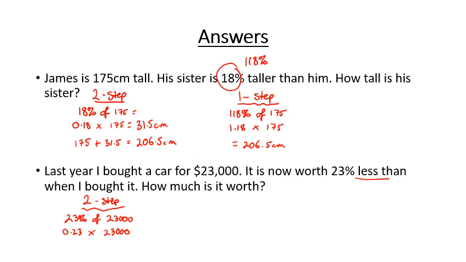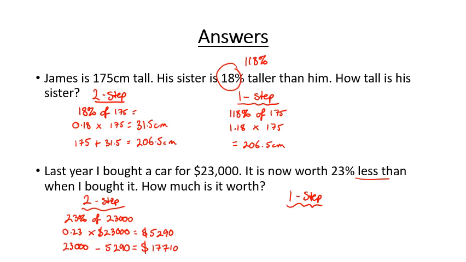So that's going to be, remember this is in dollars, 5290. Now we just take that from our original amount, so we've got 23,000 minus 5,290, and that's going to give us, the car is now worth $17,710.